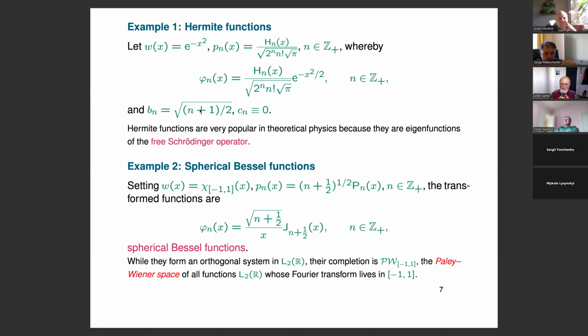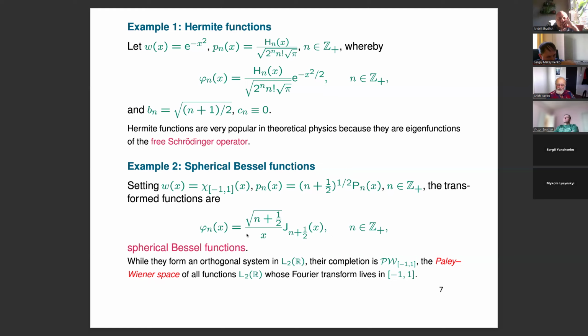The Legendre inner product. And then the orthonormal polynomials are scaled Legendre polynomials, scaled because we want them to be of rank 1 and of norm 1. And then after we do the transformation with the Fourier transform, we obtain spherical Bessel functions.